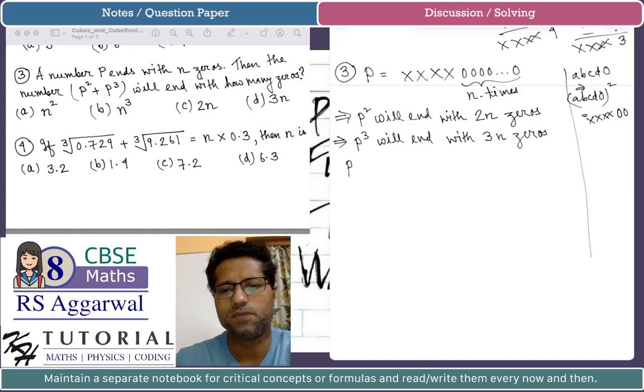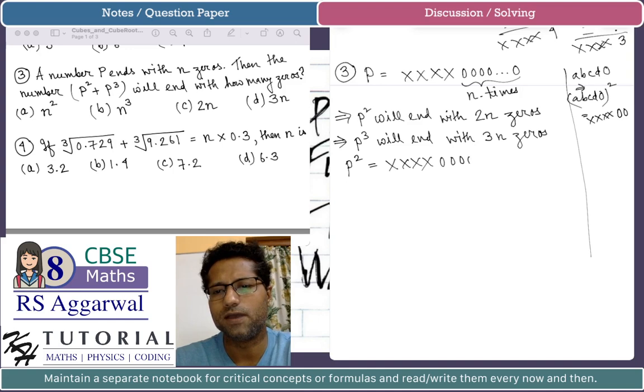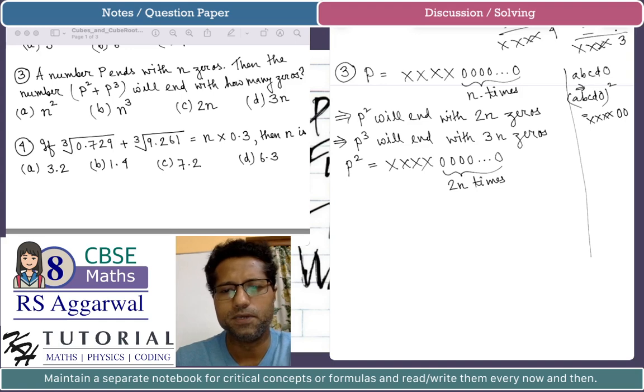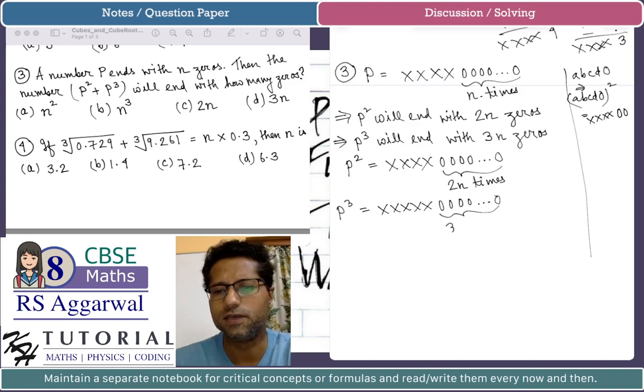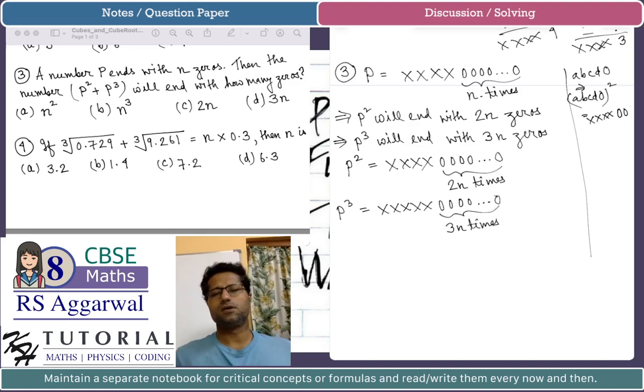So p square will be something like, there will be some digits, and we have some zeros, 2n times, and p cube will be some number with some digits, and it is ending with 3n zeros.